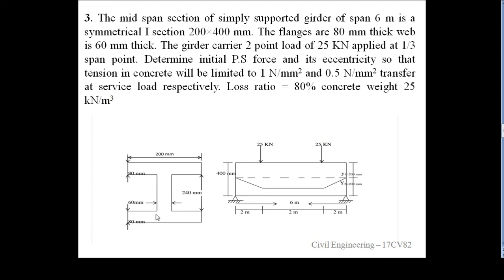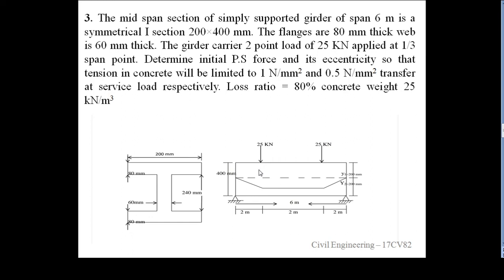This is the symmetrical I section. In that, width of the I section is 200 mm. The overall depth 400 mm is given. A span of 6 meter. You observe this 6 meter, and also the 2-point load of 25 kN.